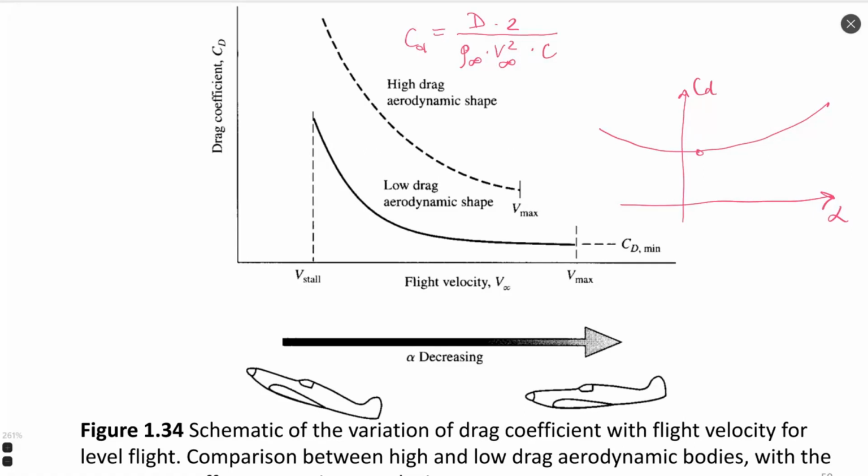Somewhere close to 0, we have the minimal value of drag coefficient, and it means that at this point we will have the maximum value of our velocity, which corresponds to minimal drag coefficient. When we increase to stall, we have the maximum value of drag coefficient, CD maximum, and it will correspond to the velocity of stall, which is the minimum velocity.